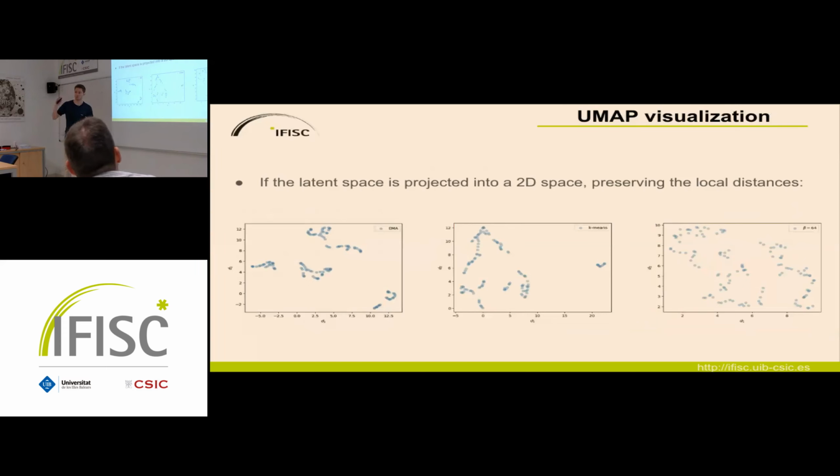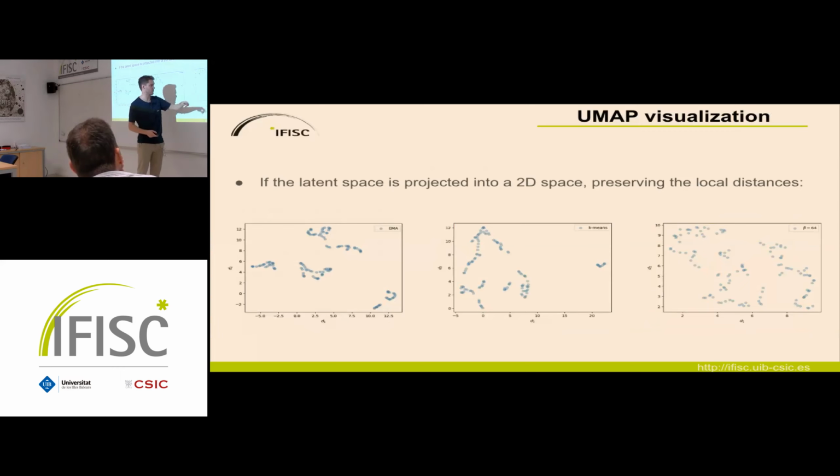If we moreover project the dimensionality of this latent space that we have learned into a 2D space while preserving the local topology of this space, this is called UMAP. What we get is that in those other techniques, the codebooks cluster together, and this prevents them from learning much of the parameter space.